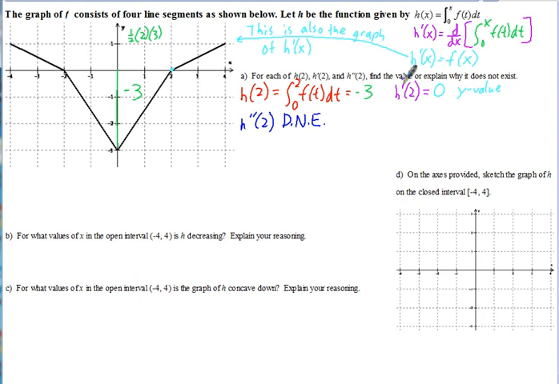And notice it says find the value, like we did here, or explain why it does not exist. So the way to explain or justify why it does not exist is, here's where you use limits. The limit as x approaches 2 from the left of h double prime, which is the slope of h prime, that left-hand slope does not equal the limit as x approaches 2 from the right of h double prime.